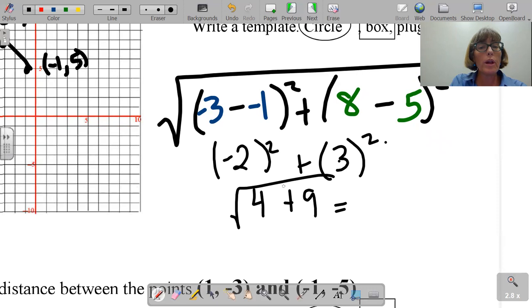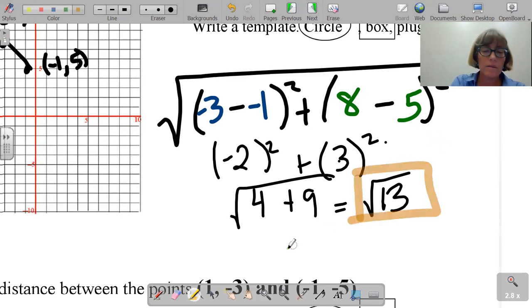So you end up with a 4 and a 9. Of course, you bring that together. That's root 13. You can't simplify it, so you are done.